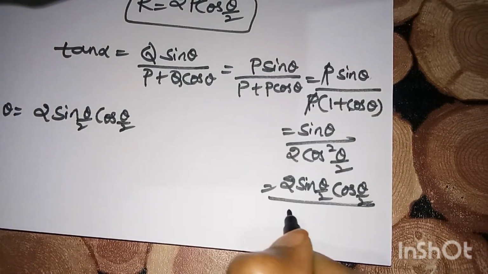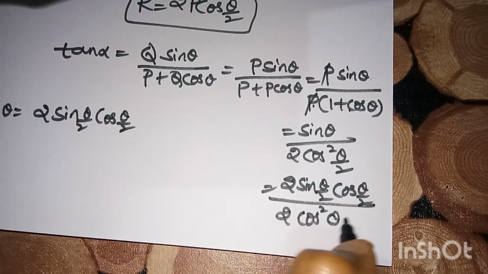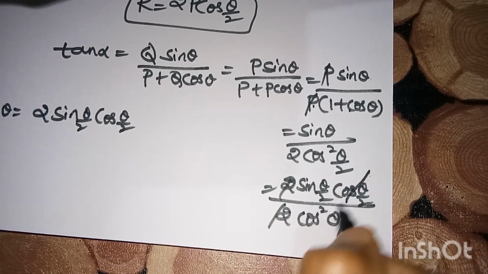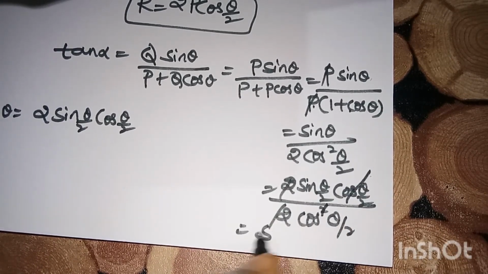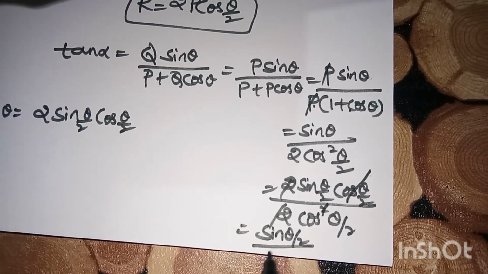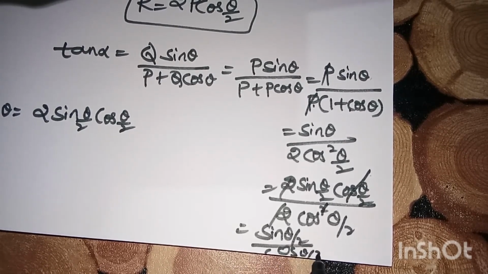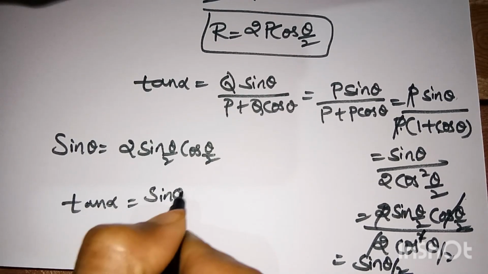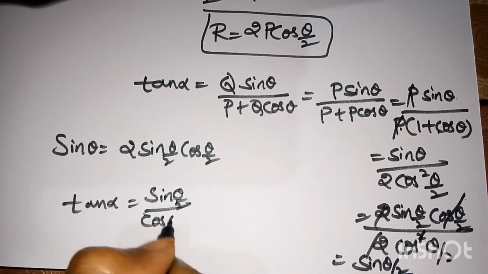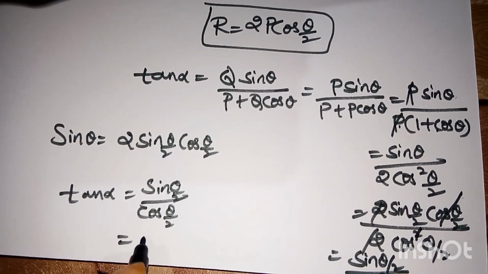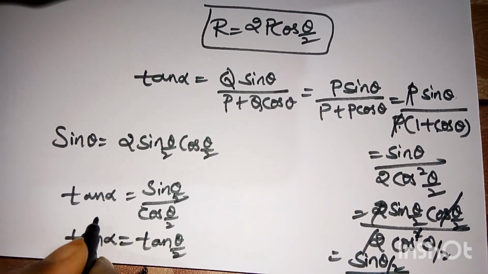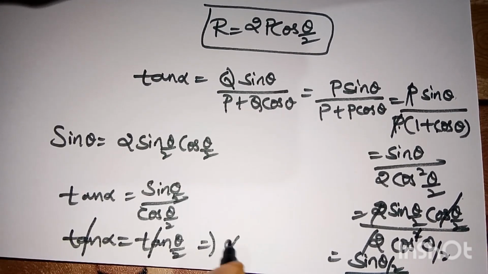So this is divided by 2 cos square theta by 2. 2 will be cancelled, one cos theta by 2 cancelled with the square. What you will get here is sin theta by 2 by cos theta by 2. So tan alpha equals sin theta by 2 by cos theta by 2. Sin by cos is tan, so tan alpha equals tan theta by 2. Tan will be cancelled, so alpha equals theta by 2.